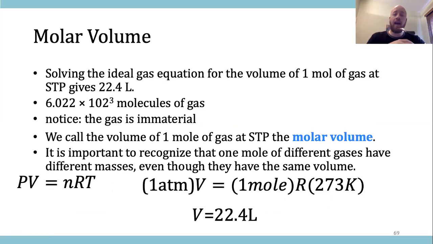Okay, at STP, if we calculate the volume of 1 mole of gas at STP, okay, if we plug that into PV equals nRT: 1 atm, 1 mole of gas, R is a constant, 273 Kelvin. Standard temperature and pressure, and 1 mole. The volume is always 22.4 liters.